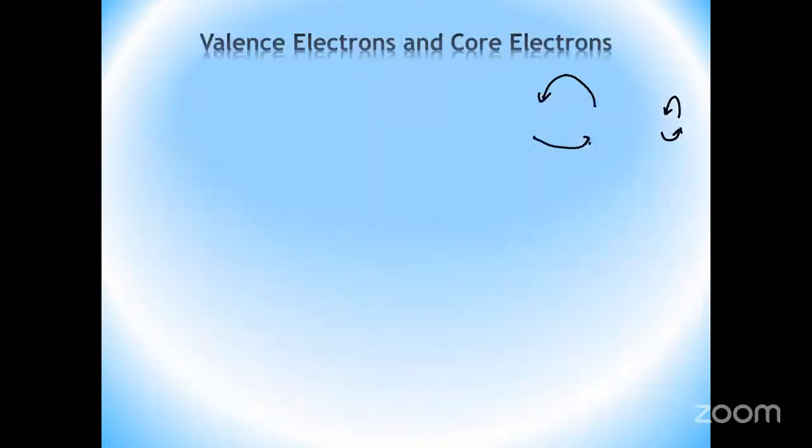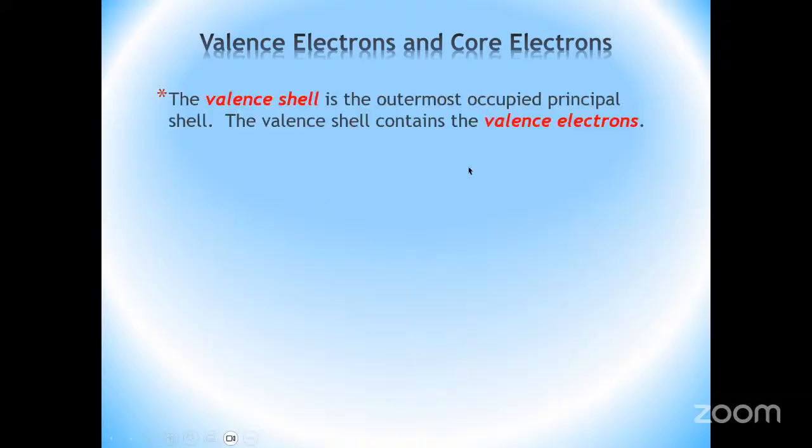All right. Okay. Now at this juncture, it's very important that you understand the difference between what we call valence electrons and core electrons. I think I mentioned valence electrons before, but I'll mention it here. Firstly, let's just say that the valence shell is the highest energy shell, or the outermost occupied principal shell, right? And then the valence shell is what contains the valence electrons.